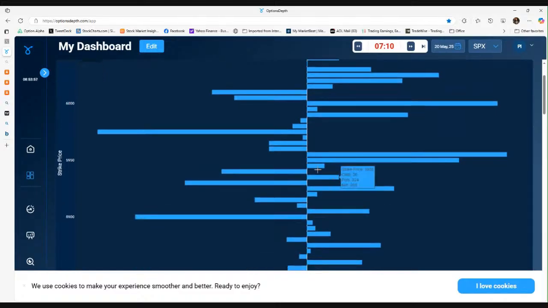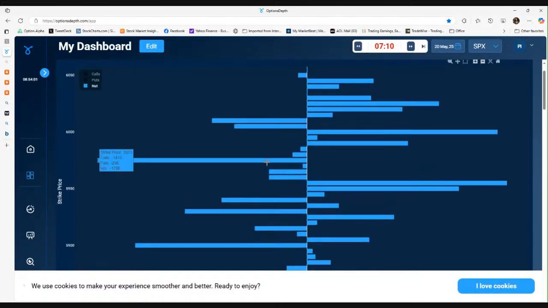So I want to make sure that I'm above customer long or below market maker long. So here's one stall point, here's another stall point. Over 6,000 is good.